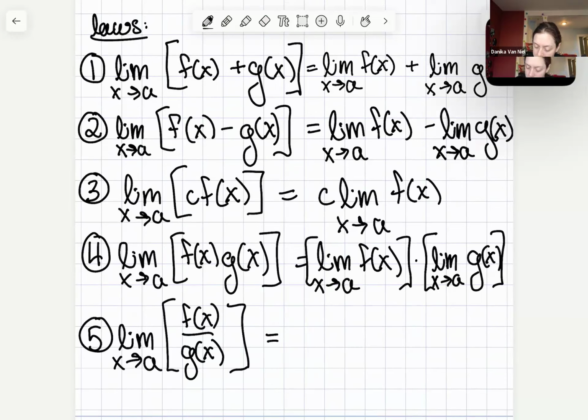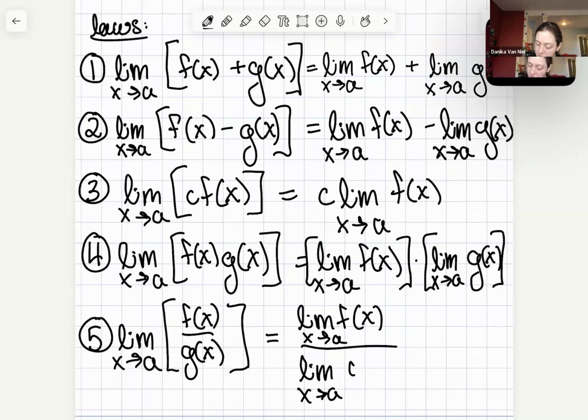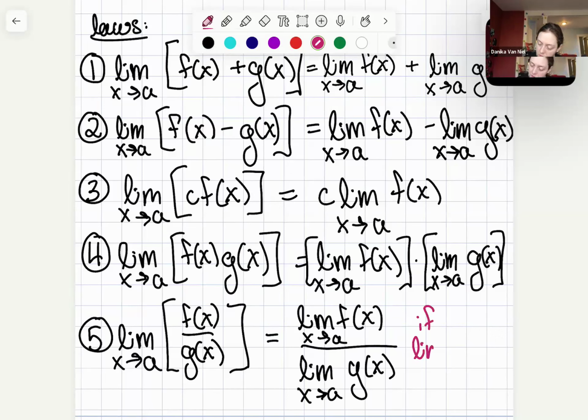So we can split limit over division if both the limits exist and if the limit of g of x is not 0.